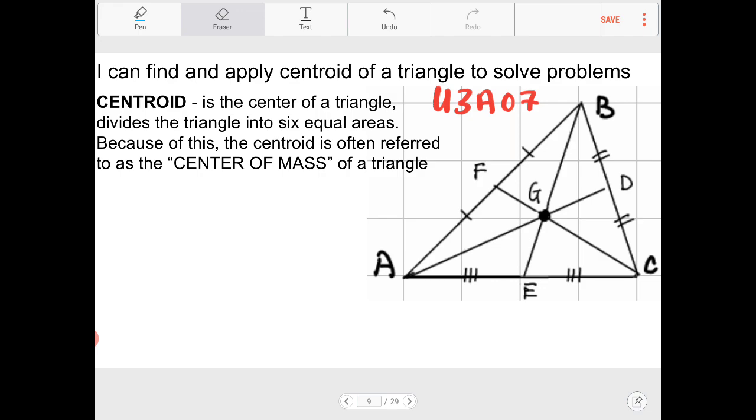I encourage you to just look at this using your eyes. What proportion do you see point G breaking up segment BE? What proportion do you see point G breaking up segment FC?